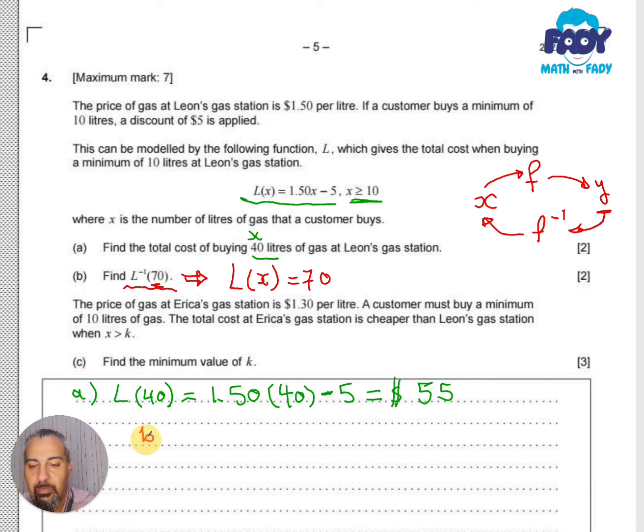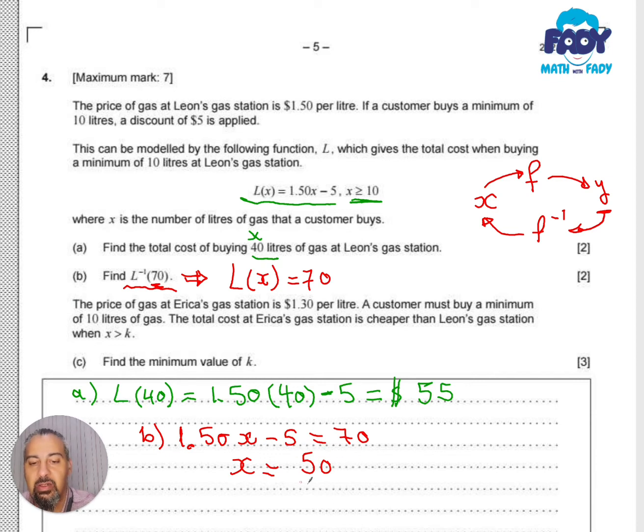So in part B, we equate the function L, 1.50x minus 5 equals 70. Now what we need is to insert this equation into your graphing calculator, equation solver, and you will get x equals 50.